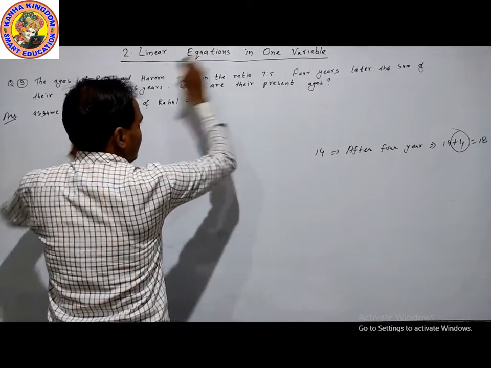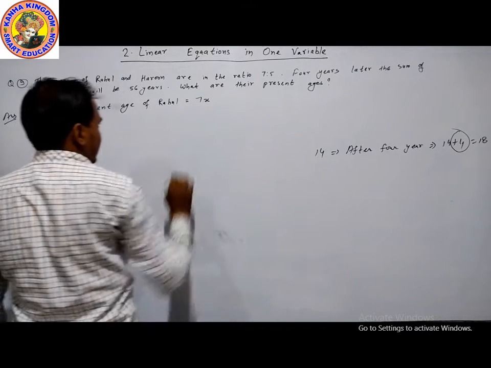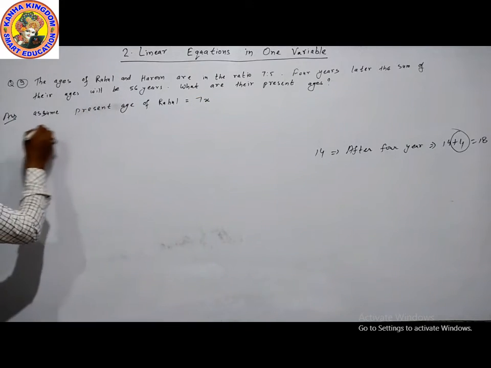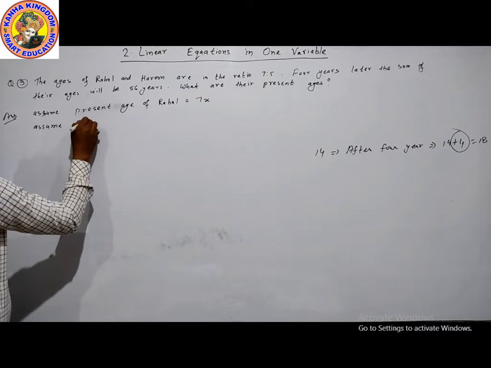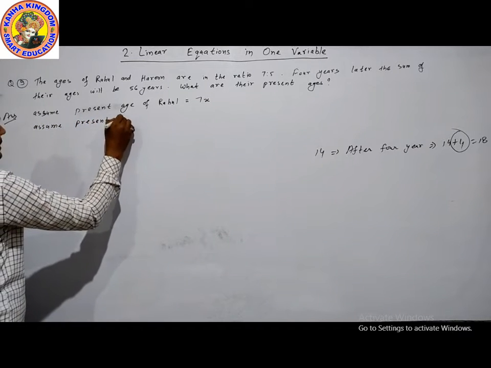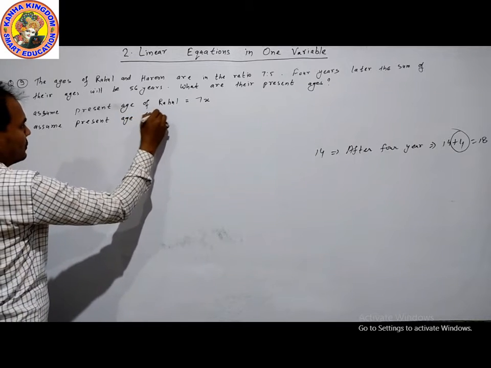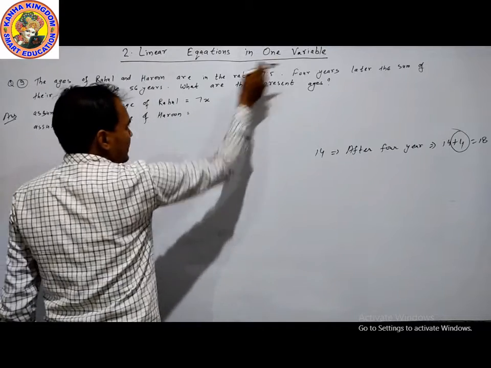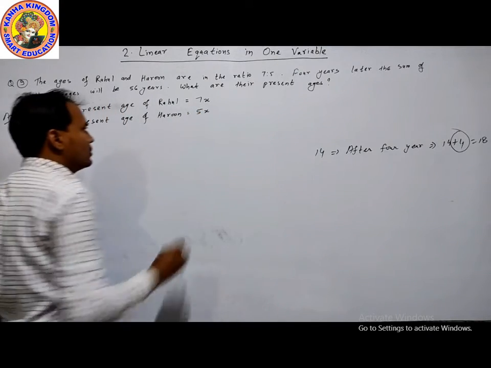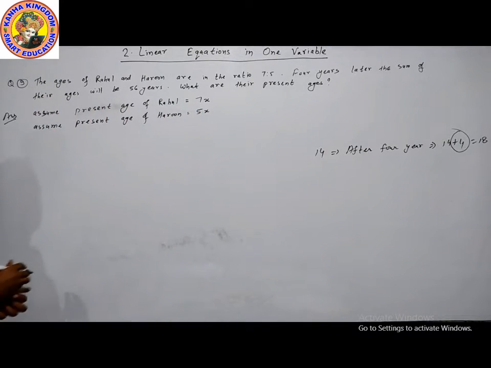Rahul is 7, Harun is 5. So Rahul is 7x. Assume the present age of Harun is 5, so we will assume this is 5x.